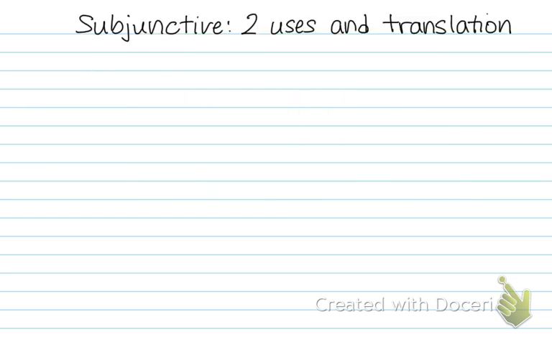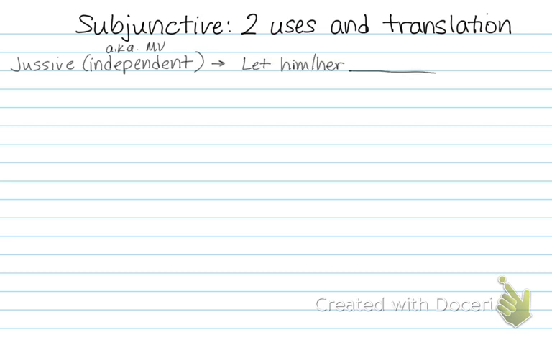All right, last two slides, let's look at two uses of the subjunctive and how to translate them. So the jussive subjunctive is one of the very few types of uses of the subjunctive in a main clause. That's another way of saying an independent clause as the main verb. The sample translation of this is let him or her do something.